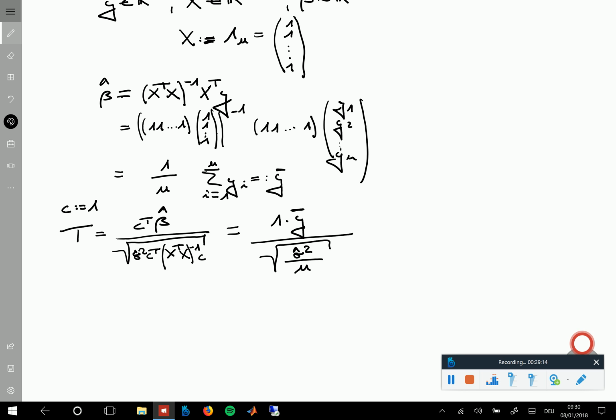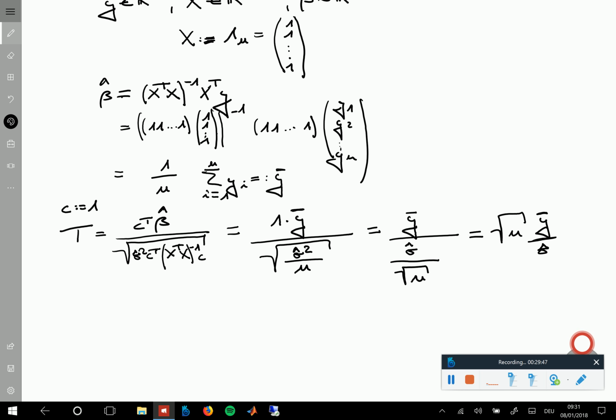And this can be written in different forms, and you always see different forms. It can also be written like this, and then maybe even more popular is to multiply it with the square root of n, which is actually a little bit meaningful because it tells you something quite important.